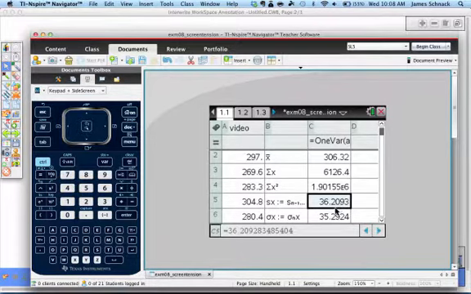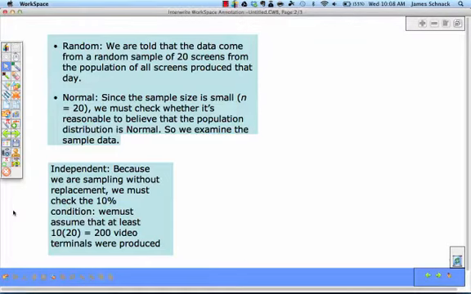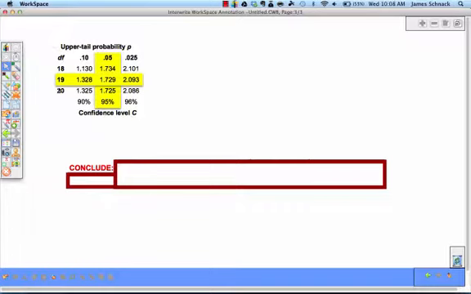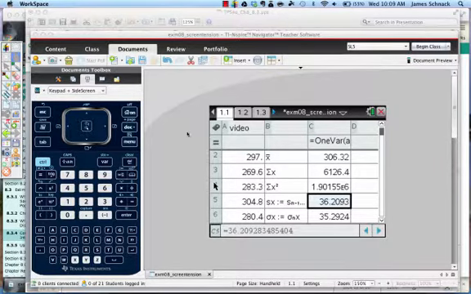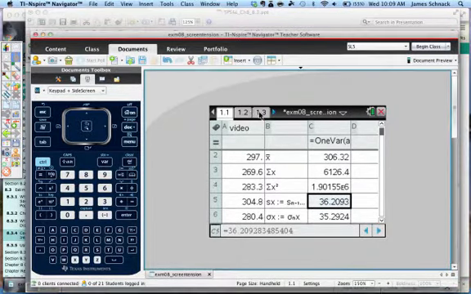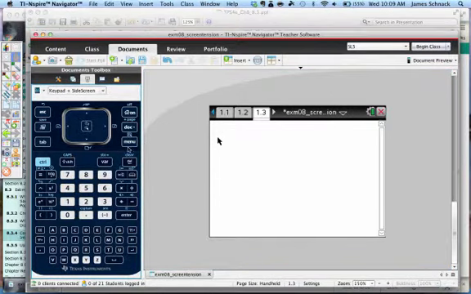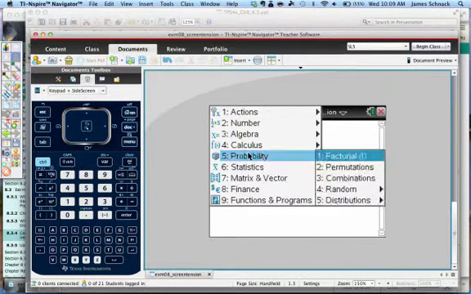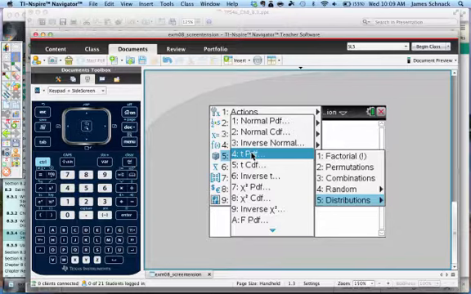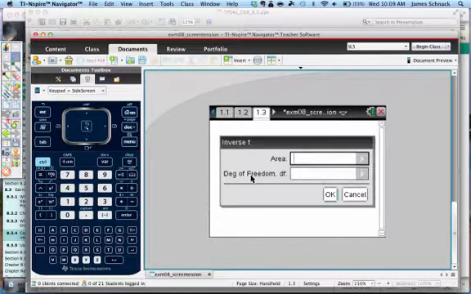What are we missing? Well, we're missing our t-score, that value for t. We can use our table right here, but I'm going to show us how to use the calculator to do this. So I'm going to go to a calculator page. Menu, probability, distributions, inverse t. Look at that. So the area, remember, when we use the calculator, we're putting in the area of the tail.